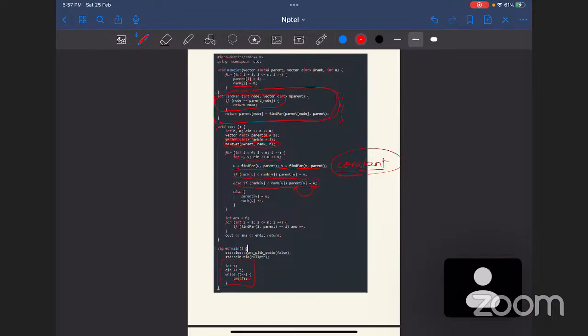And if both the ranks are equal, rank of u is equal to rank of v, then we assign u as the parent of v, and we update the rank of u. So we had u, we had v, the parent of v becomes u, and we update the rank of u by 1. Okay, so in this way we will be able to perform the union operation. So this is all about the union operation and how to do it.